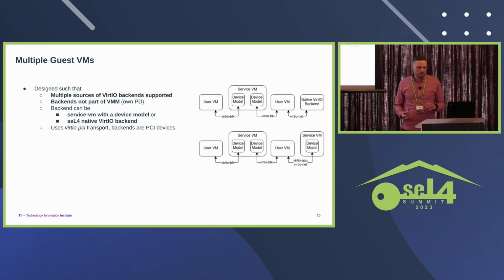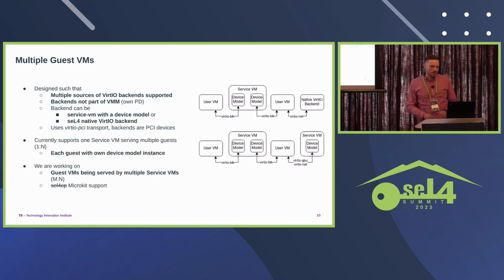We are now able to mix and match these backends, so something might be provided by QEMU and something might be provided by a native backend. We haven't tested that yet, but it will work. Also, we are using VirtIO PCI as a transport, so backends are virtual PCI devices.